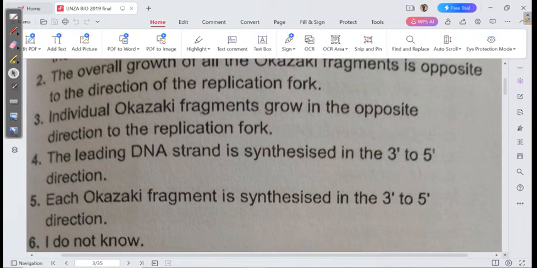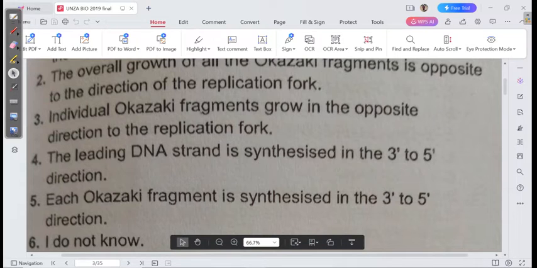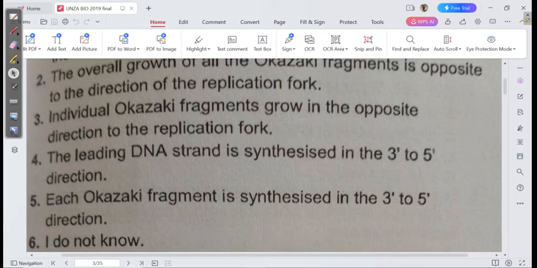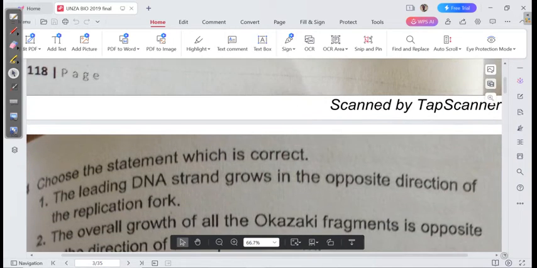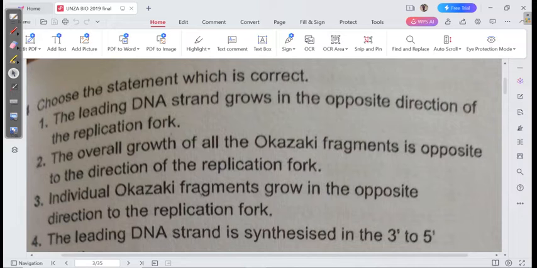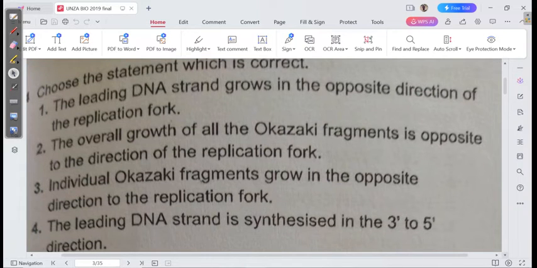So what is the correct statement here? We can only have one true statement with respect to this question. Which statement is correct? Option number 3. Option number 3 is saying individual Okazaki fragments grow in the opposite direction to the replication fork.